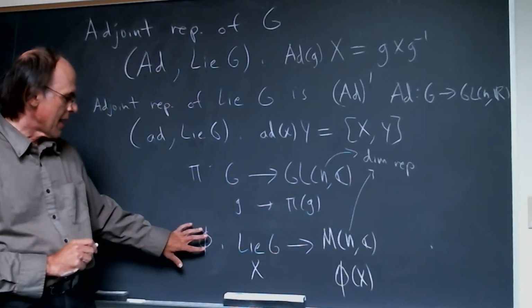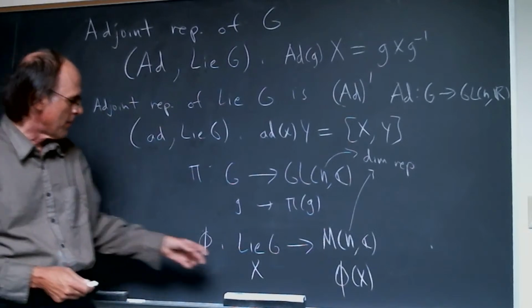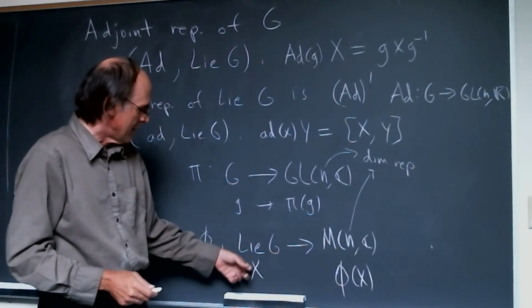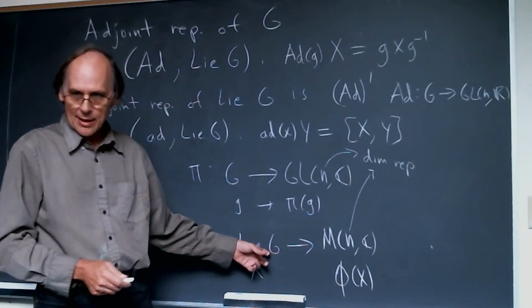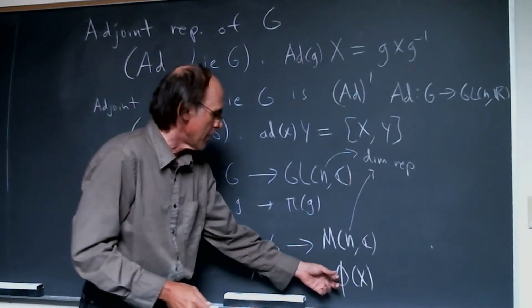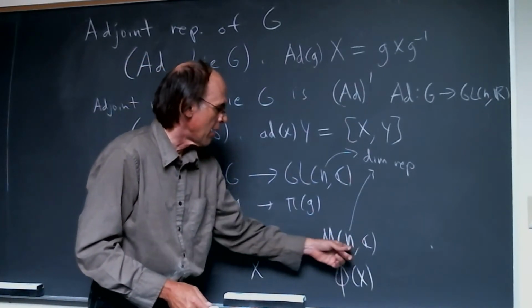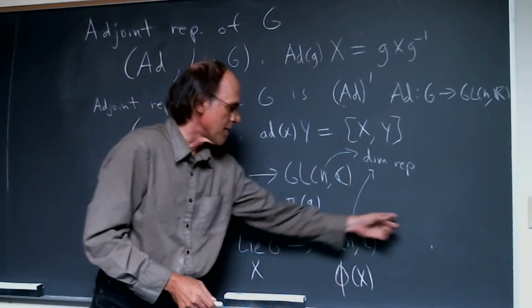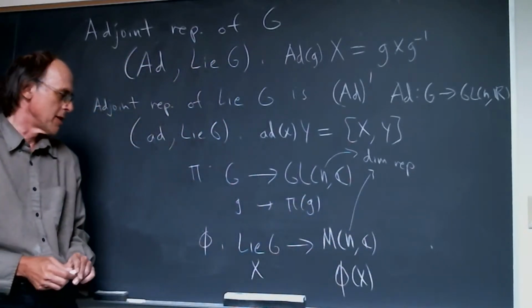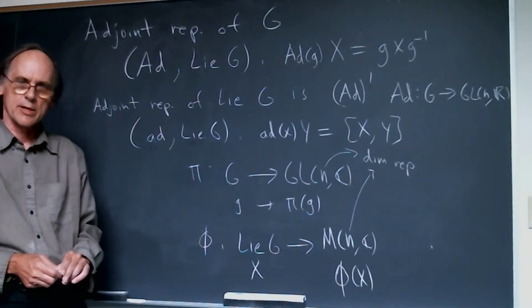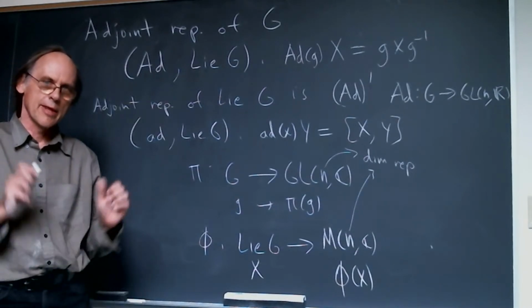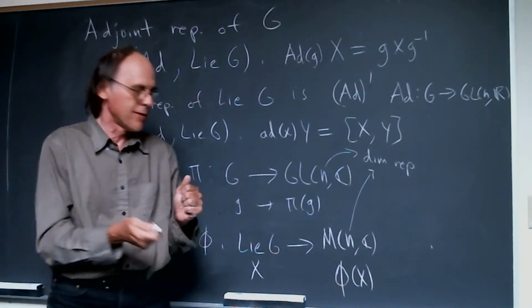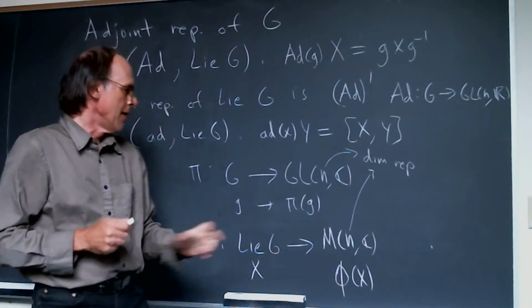So what a Lie algebra representation is, is basically a linear map: you feed it anything in the Lie algebra, and you get a linear operator on some n-dimensional vector space. Okay, and what's I think confusing at this point is all of the examples that you've seen of this.